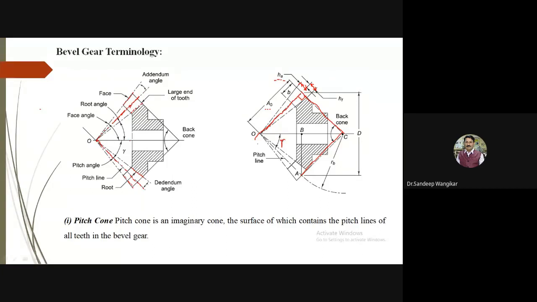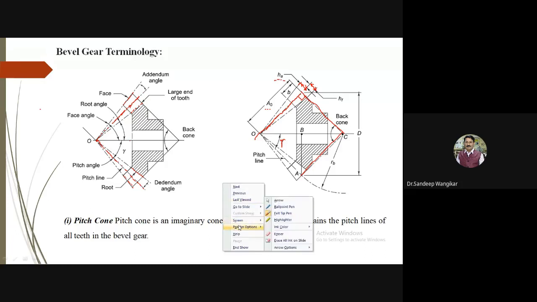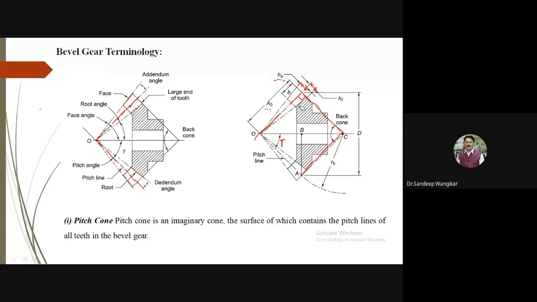Okay, so this is the concept of back cone and pitch cone. Let us move further and discuss some more points related to this. You might have drawn this diagram, and let us discuss the further points one by one.